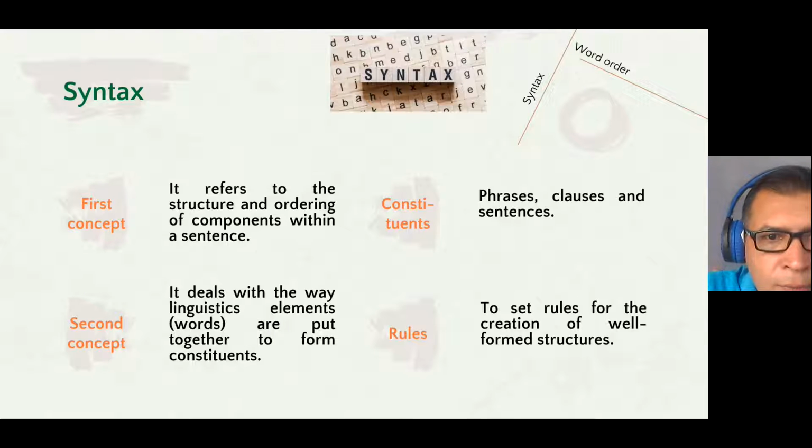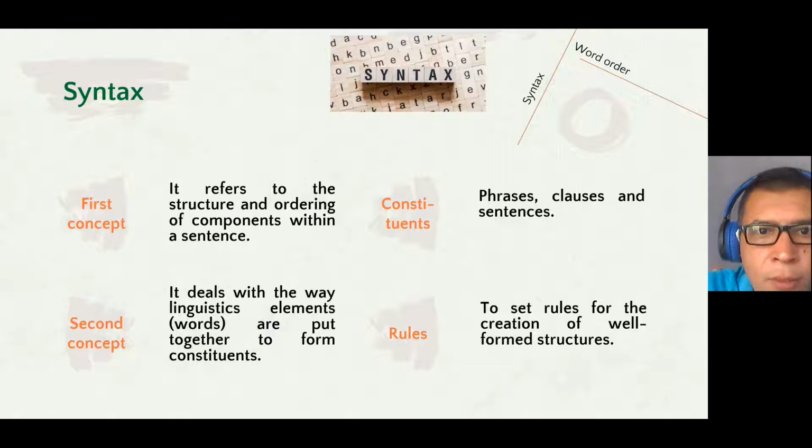The first one refers to the structures and ordering of components within a sentence. And the second concept deals with the way linguistic elements, in this case words, are put together to form constituents. So both concepts refer to structures, word order, and forming constituents.